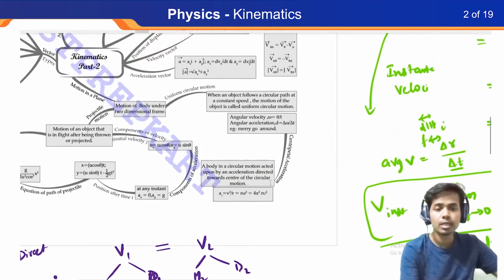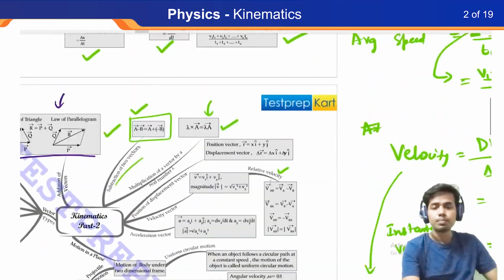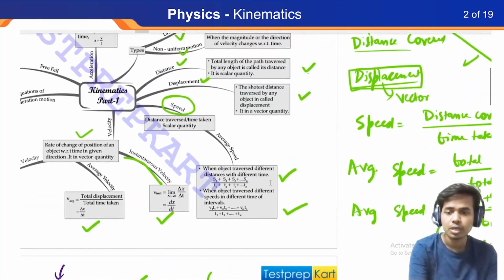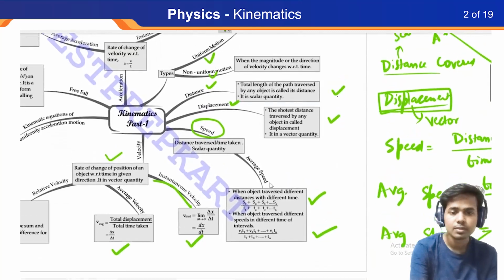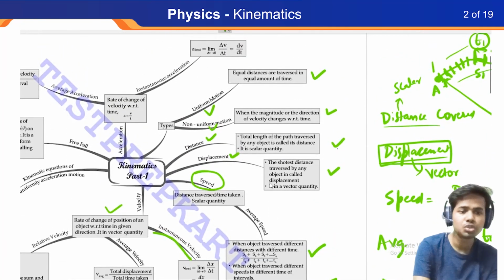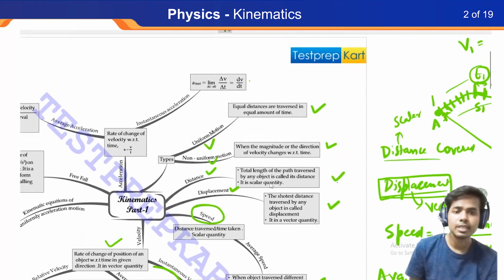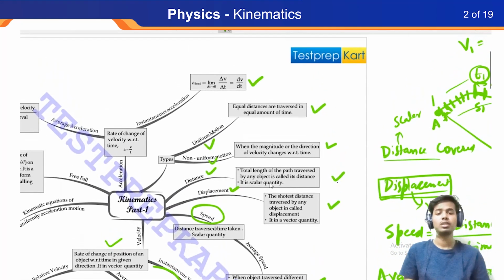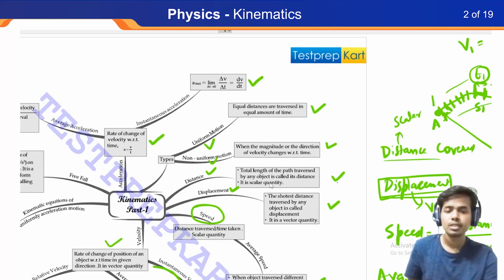This is the part we need to understand here. Yes, uniform motion, non-uniform motion already covered, and instantaneous acceleration also covered. I also gave you average acceleration, which can be of some use in some cases.